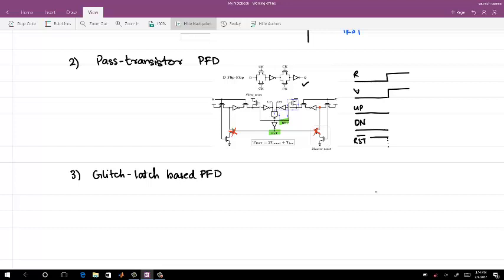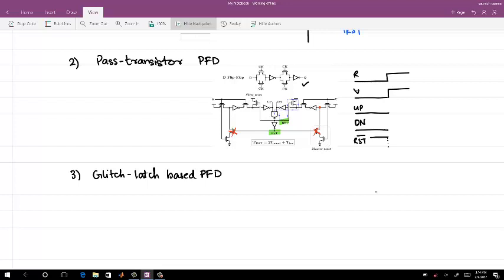This is based on a glitch latch based flip flop, which is halfway between edge triggered and transparent. In an edge triggered flip flop, whatever data is present just before the edge is translated at the output.